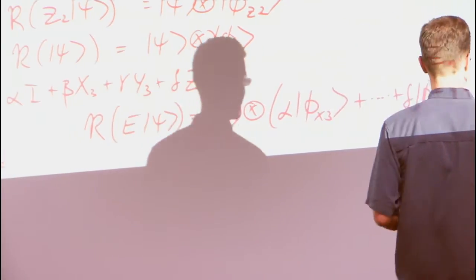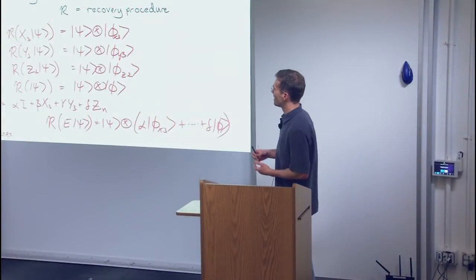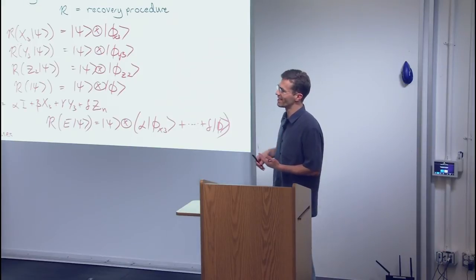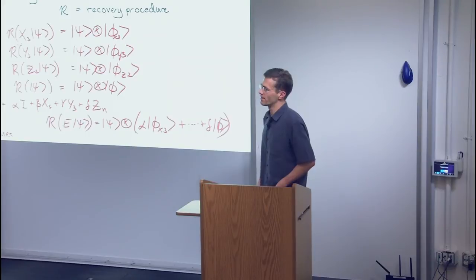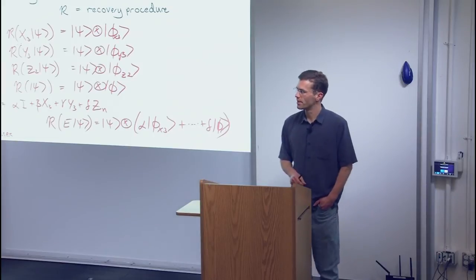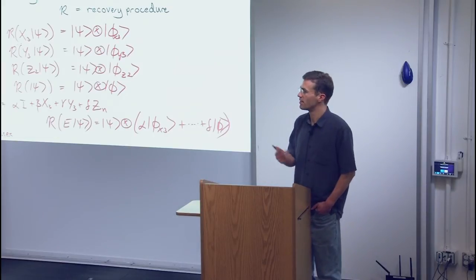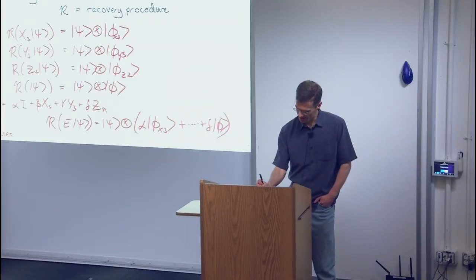But generically, if you take a generic two-local operator, you won't be able to write it down like this. You'll have to expand it out in terms that have two X's and two-local terms, and then you really do need a recovery procedure that corrects against pairs of Pauli errors. That's confusing. I think that's three again.